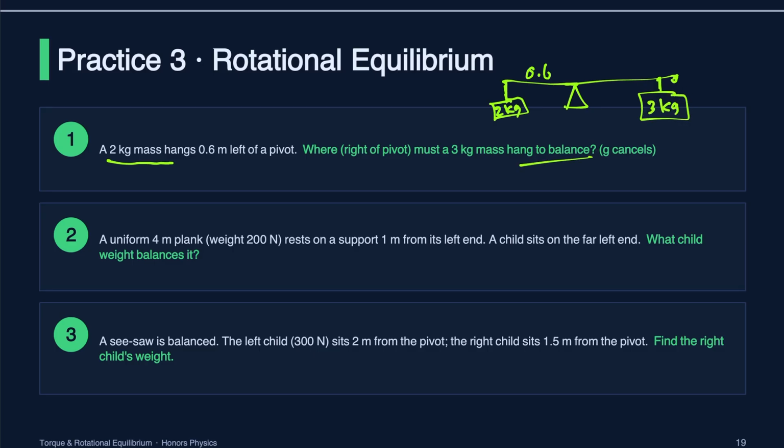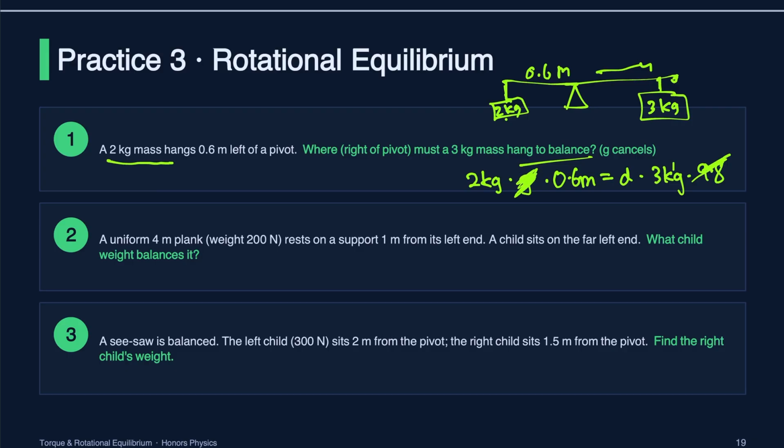Okay, so the force here is 2 kg times g, because it's mg, times 0.6 meters, which is the distance here, is equal to, well, we don't know the distance here, distance times 3 kg times 9.8. So 9.8 and g cancel out.